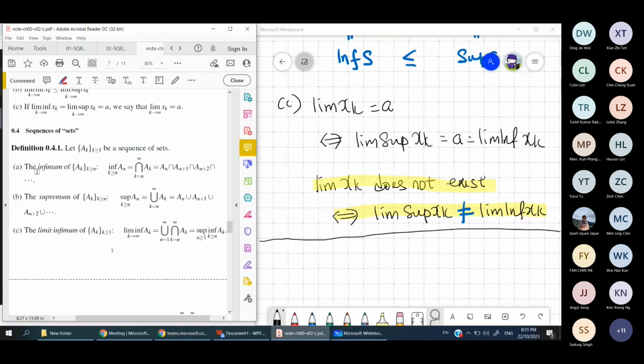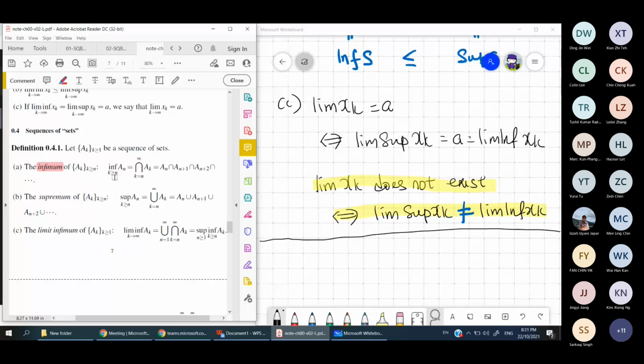The first one, infimum for sets, which is a little bit different from numbers. So the infimum for Ak, we take the intersection of it.